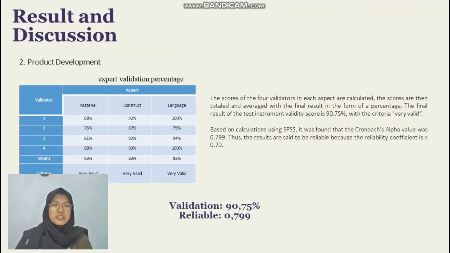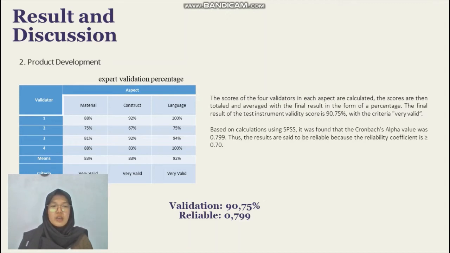This is the percentage from expert validation with 3 aspects: material, construct, and language. The criteria for the material aspect is very valid with 83%.